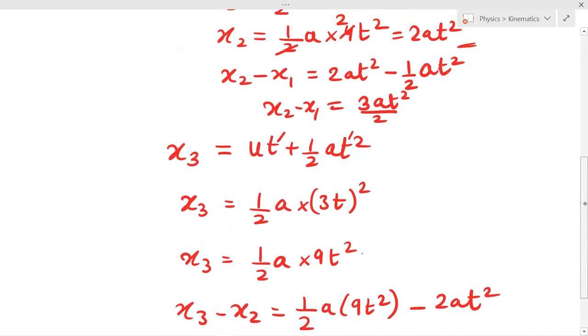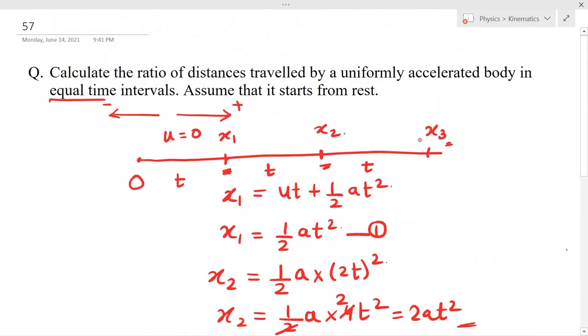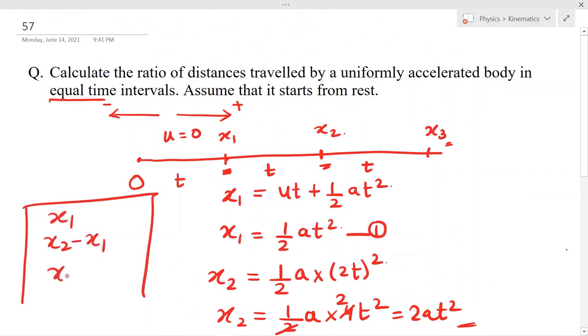Now see, the distances traveled are x1, x2 minus x1, x3 minus x2. So we have to take the ratios of this and so on. The fourth entry will be x4 minus x3 and so on.